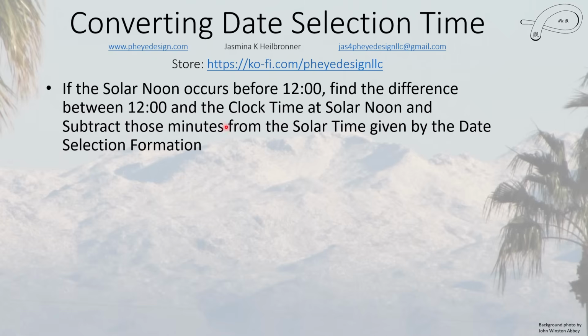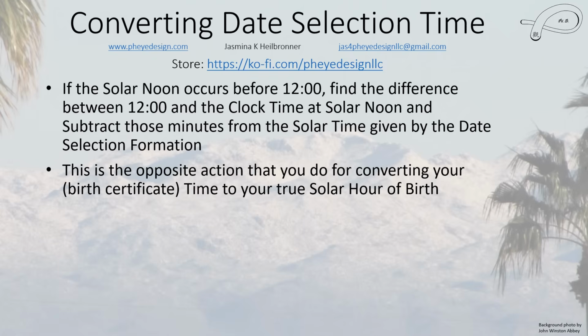Now, if the solar noon occurs before 12, and there are places that do, not during daylight savings usually, but otherwise, then what you do is find the difference between 12 noon and that clock time at solar noon, and you subtract those minutes from your date selection time.